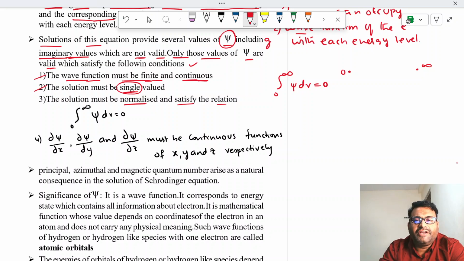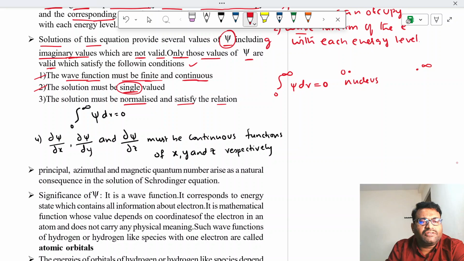It will be between these two. Then only the psi value is valid. So this is the nucleus and that is the infinite position. The solution must be normalized and should satisfy this relation.